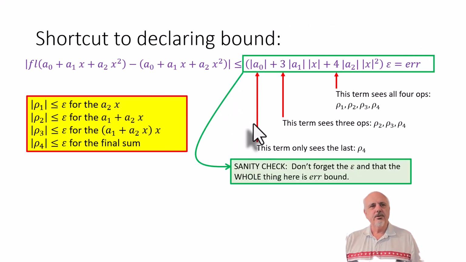Okay, I wanted to do a little bit of a sanity check here, just so that everyone's on the right page. So we talked about how we can get this polynomial here, but don't forget to multiply by the machine epsilon. That's very important, and that's what gives you the error that we talked about earlier. If you forget the machine epsilon, you'd get a huge error, so don't forget that machine epsilon.